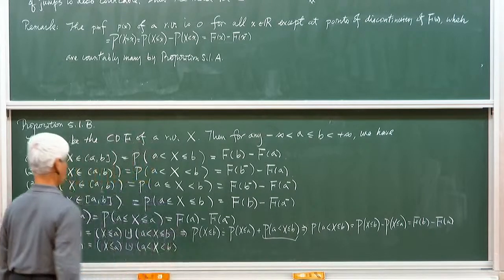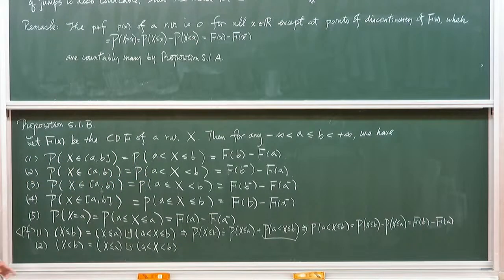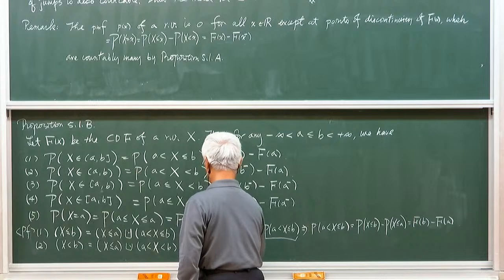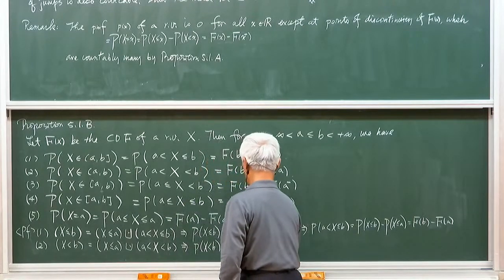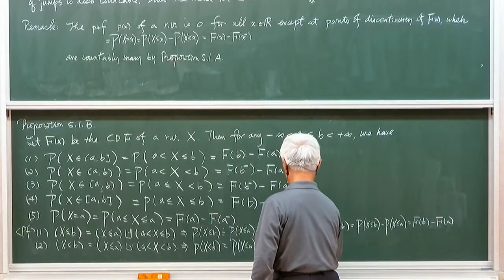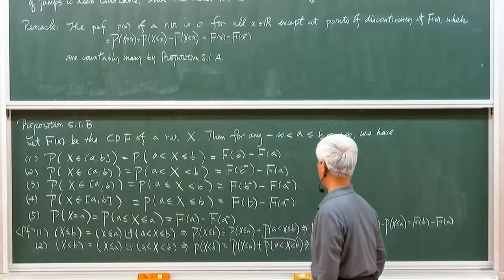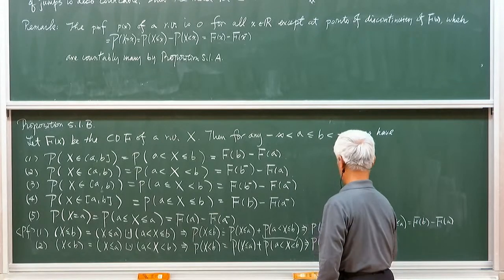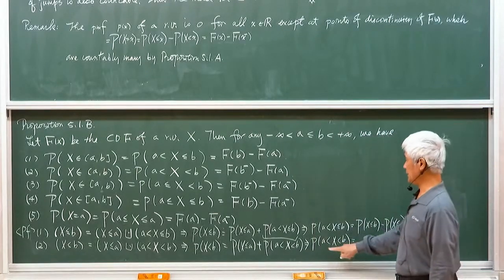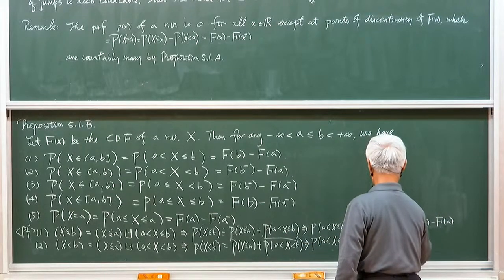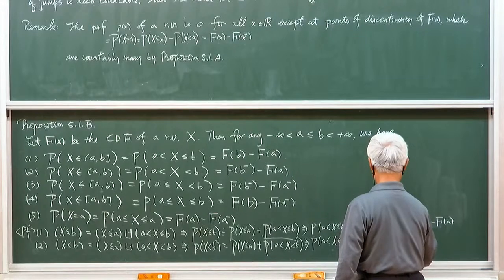This time we use this disjoint union, and again by countable additivity, this implies that this event has probability equal to the probability that X less than b minus the probability that X less than or equal to a.